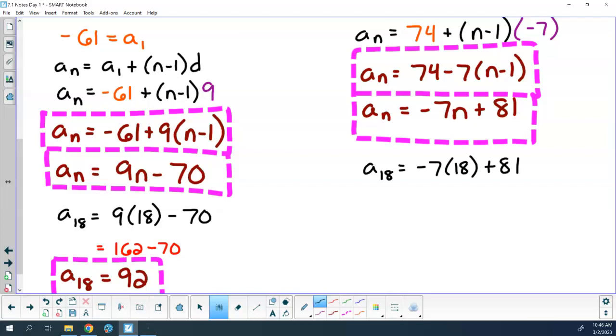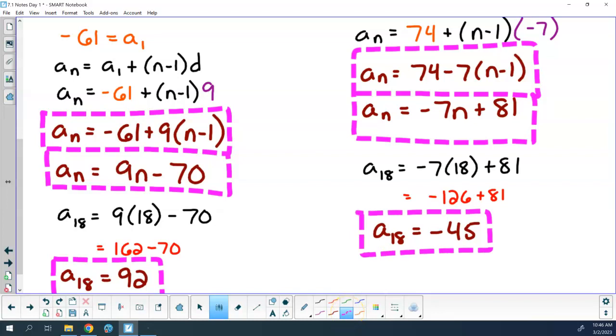Oh my God, 7 times 18, negative 126, plus 1 is negative 45. Yeah? Yes? No, maybe.